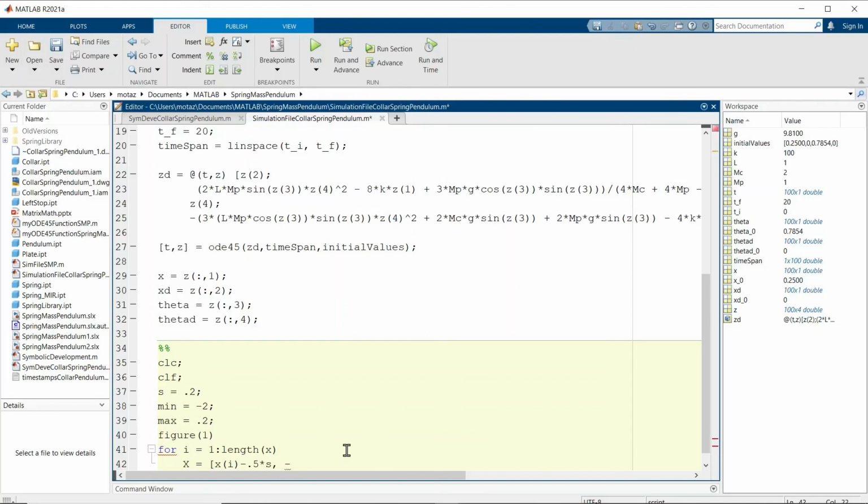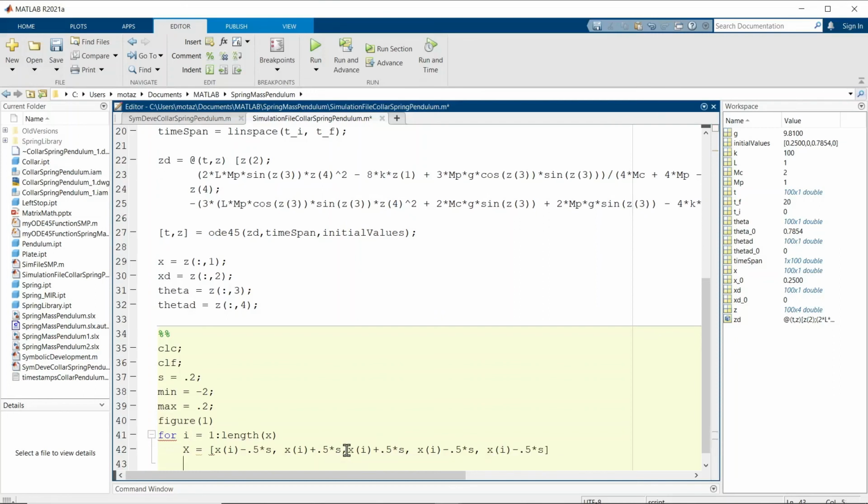X of i minus 0.5 times s, X of i plus 0.5 times s, X of i plus 0.5 times s, and X of i minus 0.5 times s, and X of i minus 0.5 times s, and Y is the Y coordinates of the box.